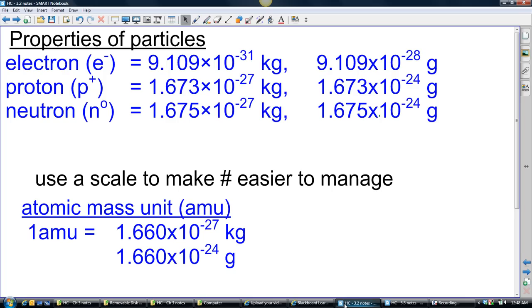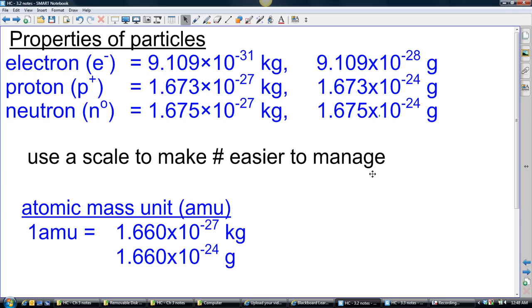So what they did is they basically created another scale that makes it easier to manage those numbers. I use an example of, well, the distance from here to Cleveland is 2,500,752 inches, a number I completely made up. But my point being, to measure the distance from here to Cleveland in inches doesn't really make sense.